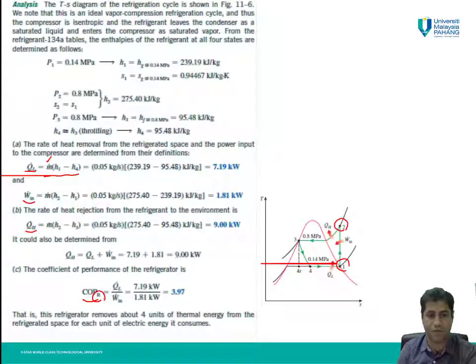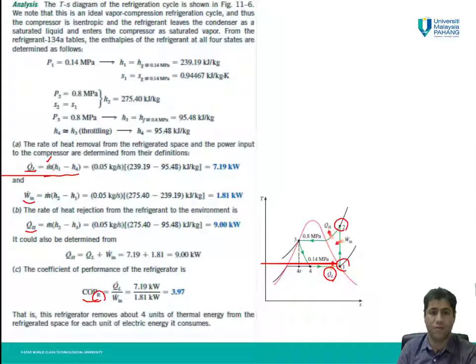Here, we have refrigerant. If you remember, COP of refrigerant is desired output divided by the given input, and the desired output for refrigerant is Q dot L, the amount of thermal energy which is absorbed from the refrigerated region. So if we have Q dot L and W dot in, we can simply calculate COP for this refrigerator.